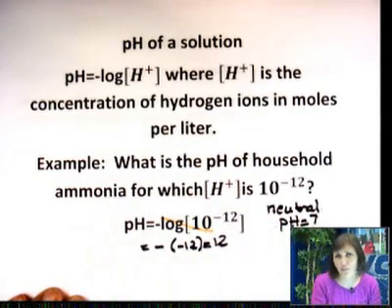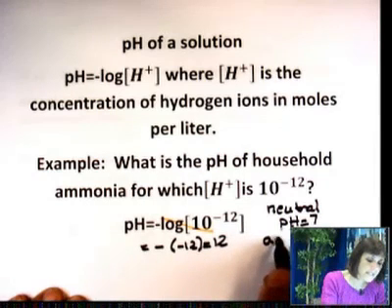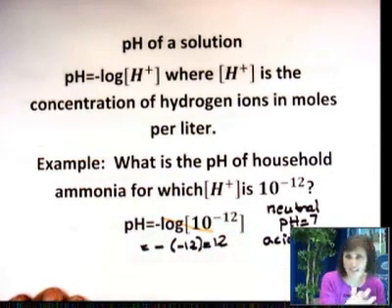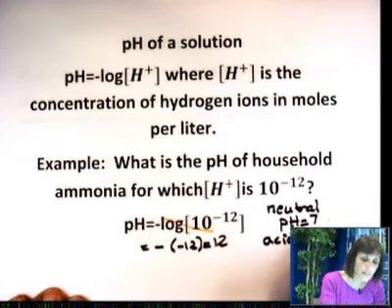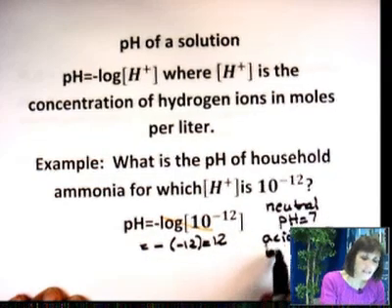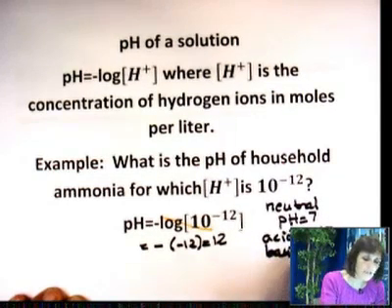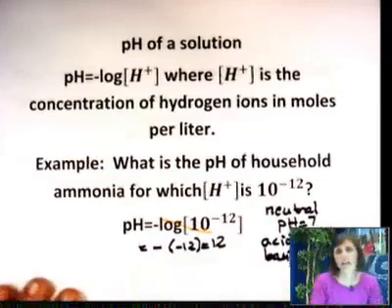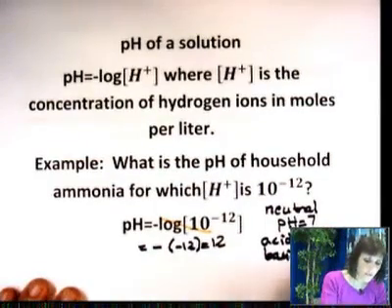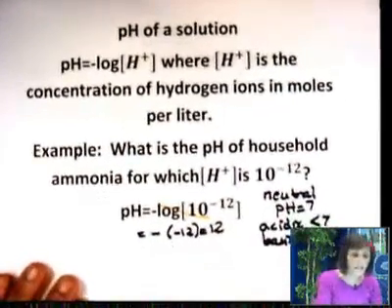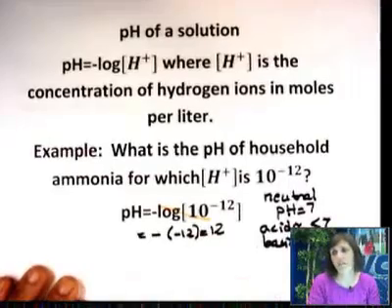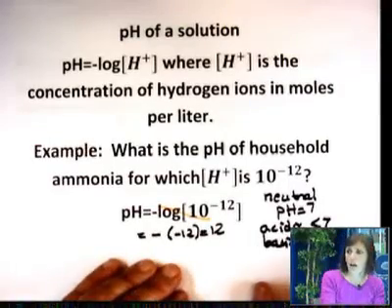You don't want that to be far off from 7. If it's more acidic, the pH is going to be less than 7. And basic, like ammonia, it's going to be more than 7. All right? So this is pretty basic, ammonia.